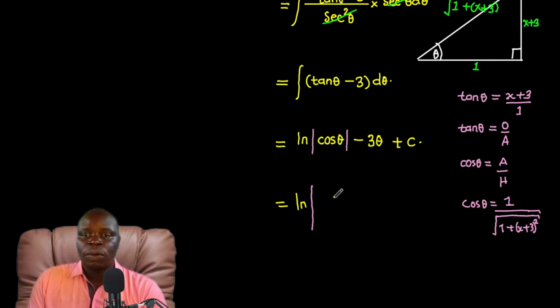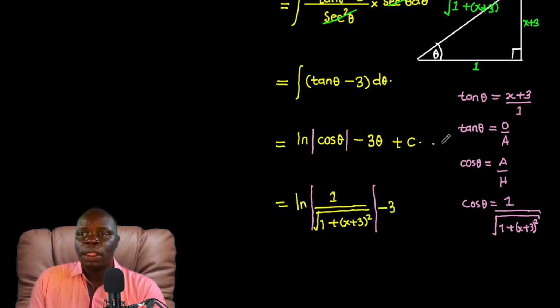And let's have 1 over, again we have our 1 plus x plus 3 square. Let's extend this a little bit, and then we close that. Let's move to this term here, and we also have minus 3.